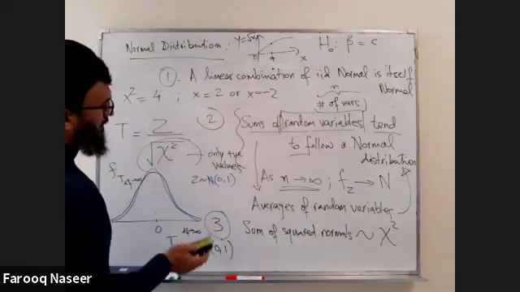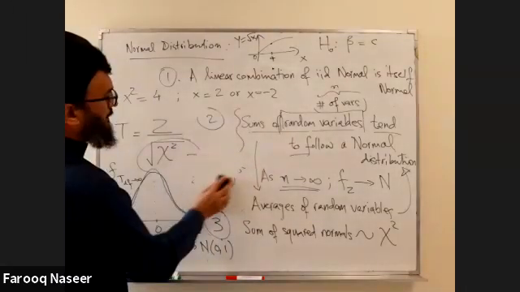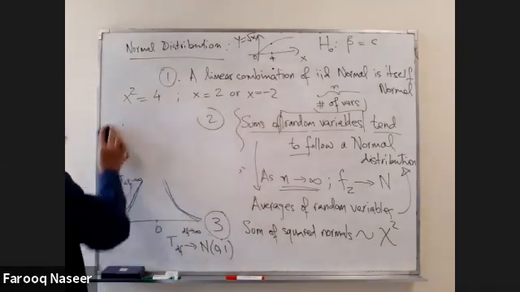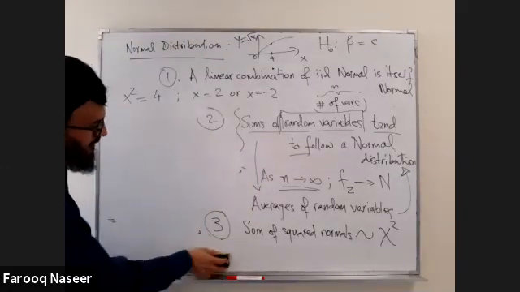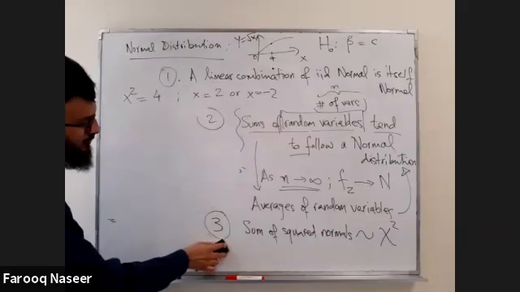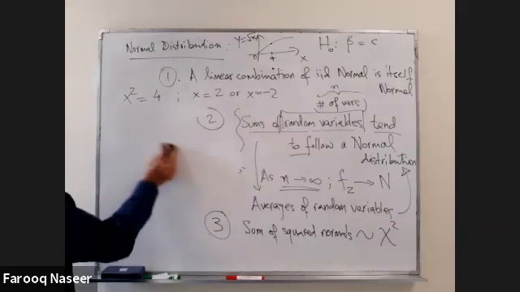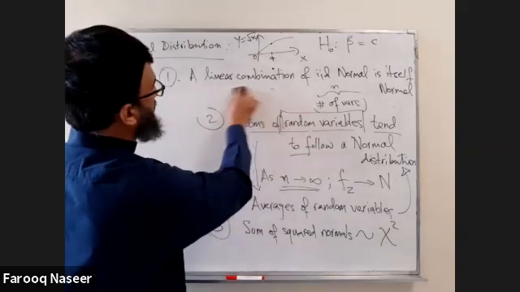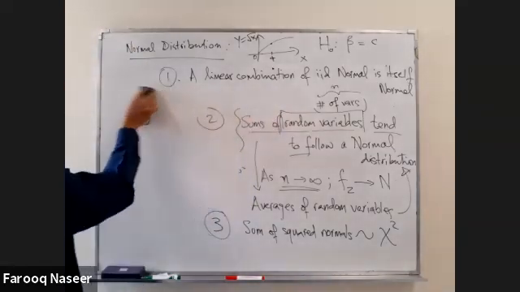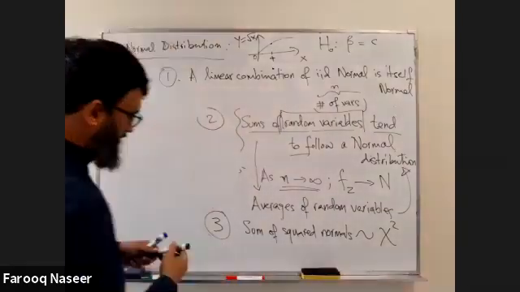Okay. So this is the last one. And this is the one that we are going to use next in our hypothesis testing. So there's something called the F distribution.